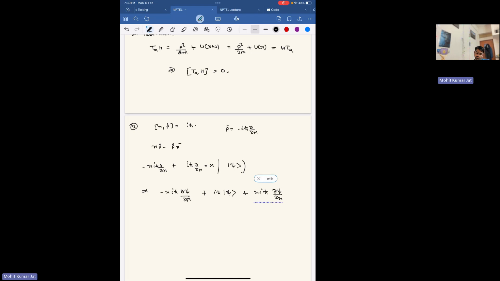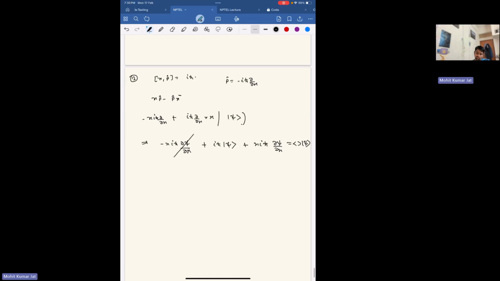X comes out, equal to the expectation value of it basically, times the psi. You compare it, these two terms cancel out, and this gives i h bar psi. That's the expectation value of this operator.